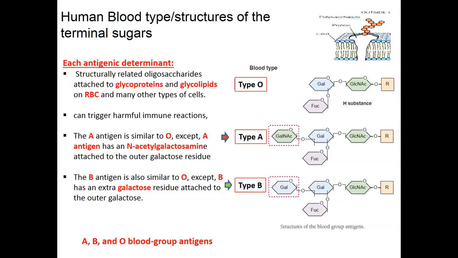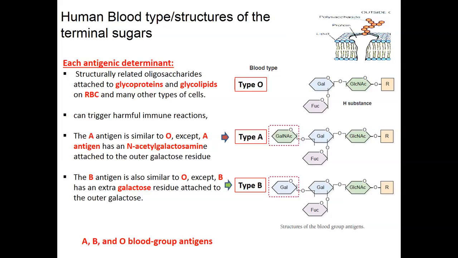But now the difference, the type O looks like a type A. It also looks like a type B, but with a small difference. And that small difference is the N-acetyl galactosamine for the type A. So type A has N-acetyl galactosamine on top of everything else that the type O has. So this single sugar.